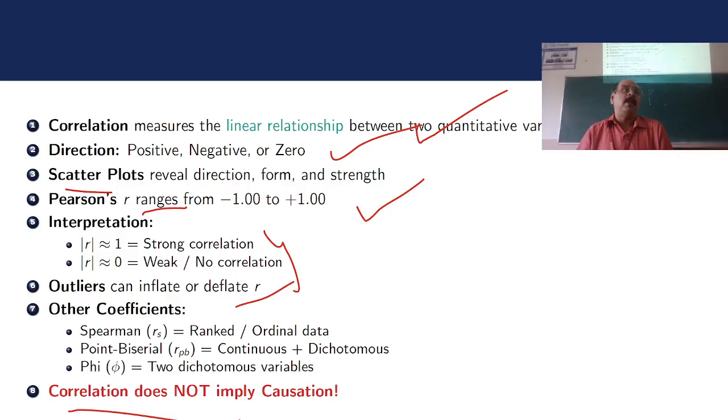It need not be like that. For example, let x be the number of cigarettes smoked by a person, and y the probability that this person suffers from cancer.